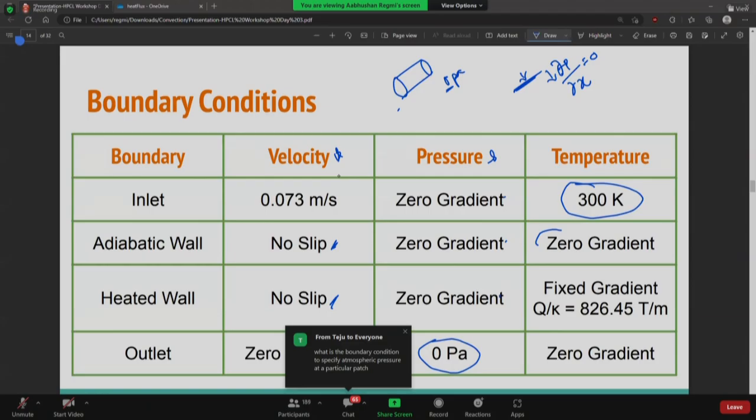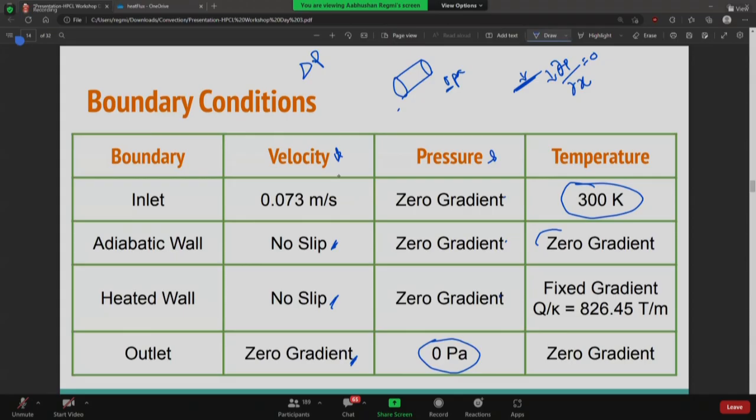The flow happens because of the pressure difference, delta P, not because of the value of the pressure. So if we are providing 0 Pa, during the calculation OpenFOAM will provide some higher pressure over here, let's just assume 5 Pa. And for that calculation, we are providing zero gradient at the inlet.